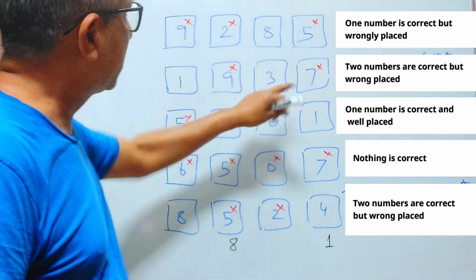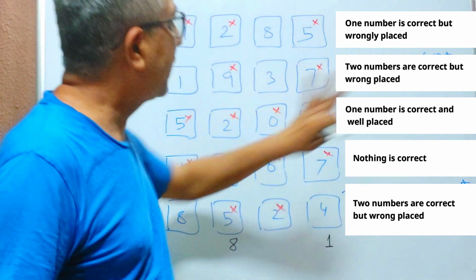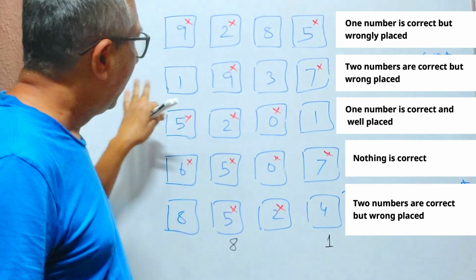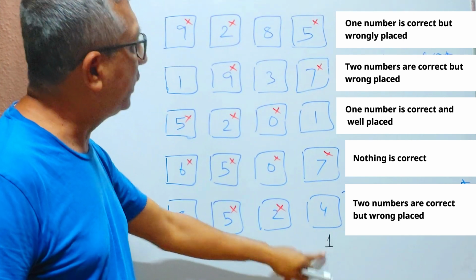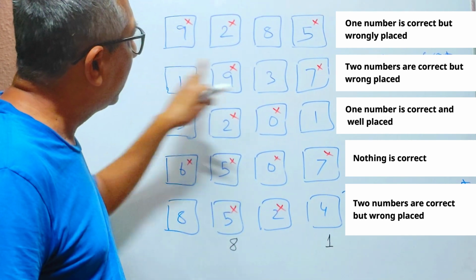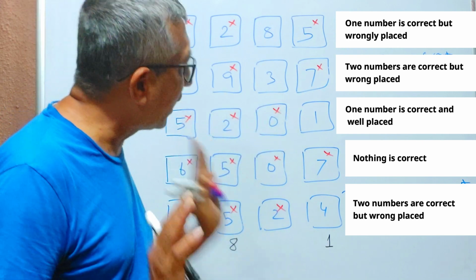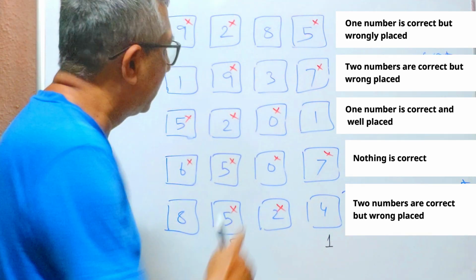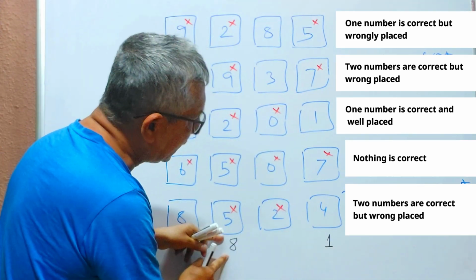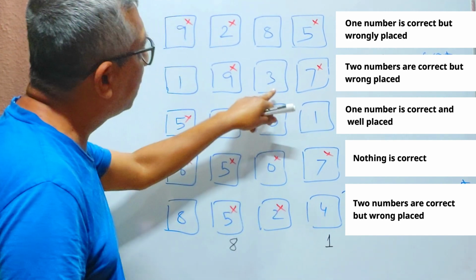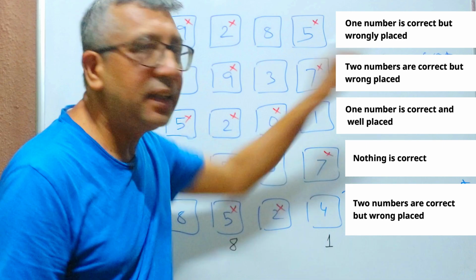Now let's come to this one. Two numbers are correct but wrongly placed, which are 1 and 3. Now 1 has already got its position, so we can ignore 1. And now we come to 3. 3 is correct, but it is wrongly placed. You see that 8 has taken this position, 1 has taken this position. 3 can't take this one because 3 is already here and it is wrongly placed.